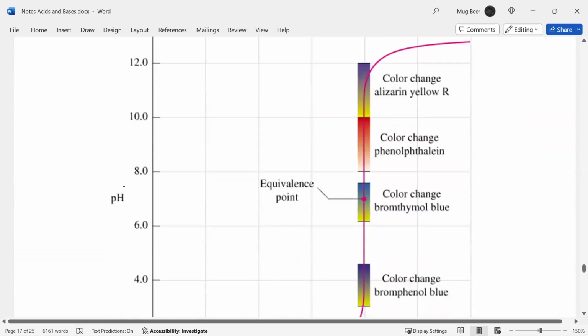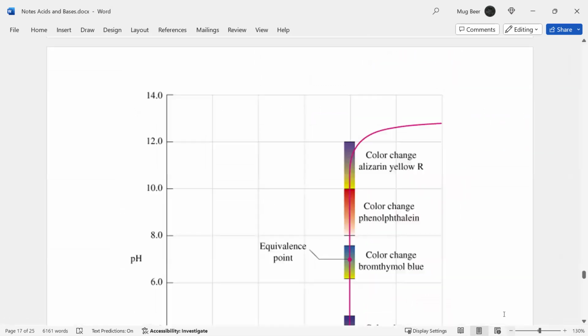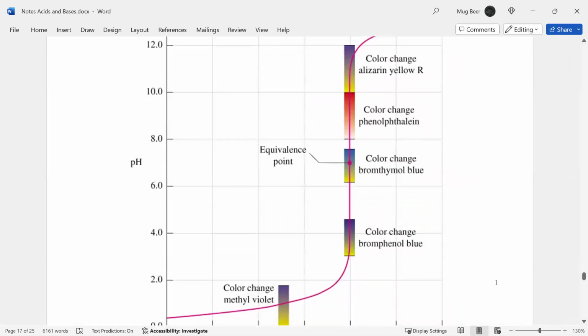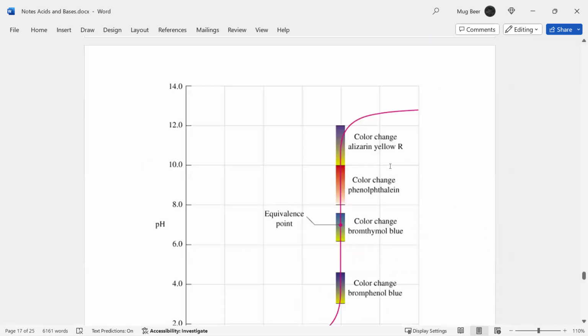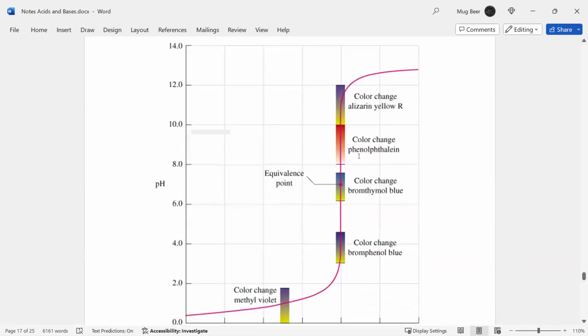So we're using phenolphthalein today. Here's the phenolphthalein one. So you can see the equivalence point is going to be somewhere here, except we're using a weak acid. So it's going to be somewhere up here. So somewhere between, you're going to get color shifts between 8 and 10.